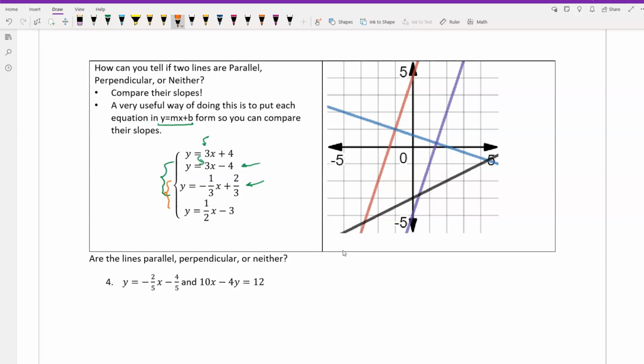And finally, comparing, for example, number 3 and number 4, here our slope is -1 over 3, but here it is 1 over 2. We do not have the same slope, and if we multiply these 2 slopes, that is not equal to -1. So we don't have parallel or perpendicular lines, so it's neither of these.